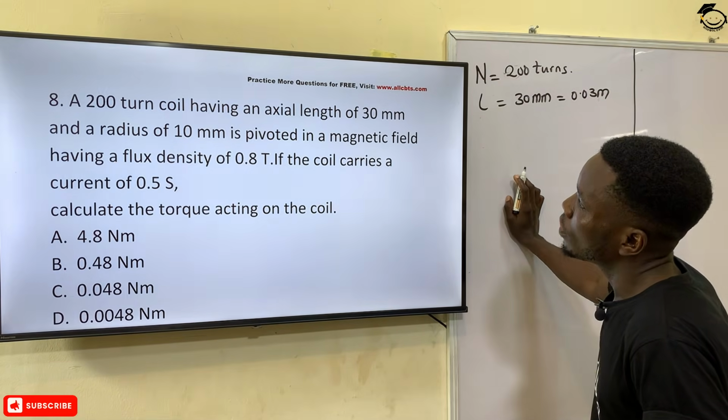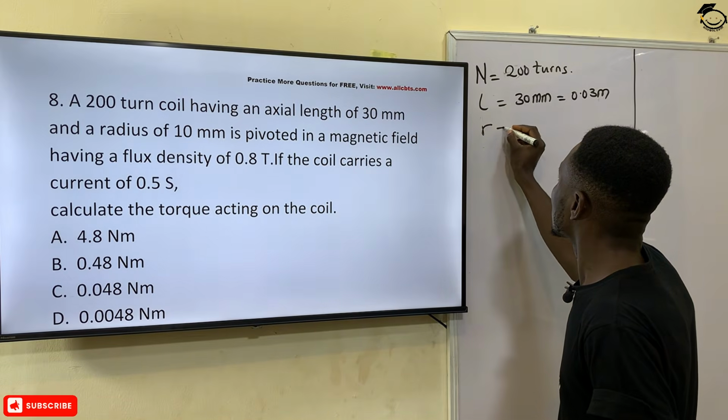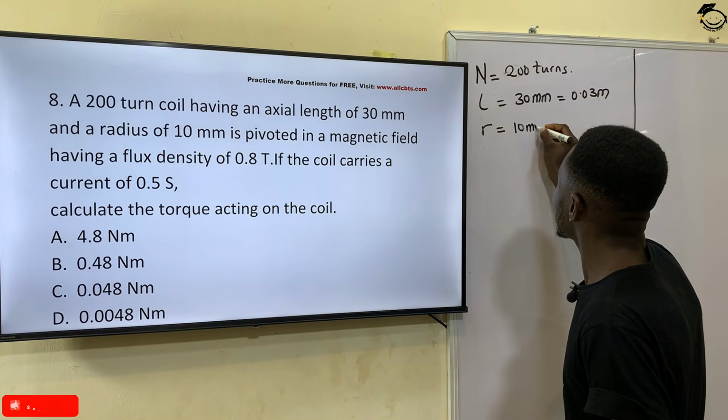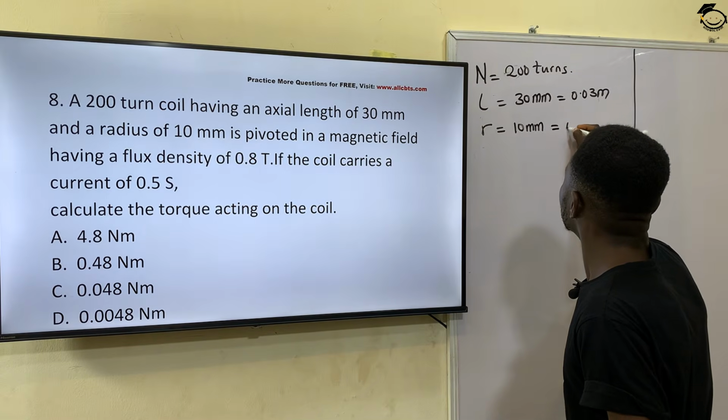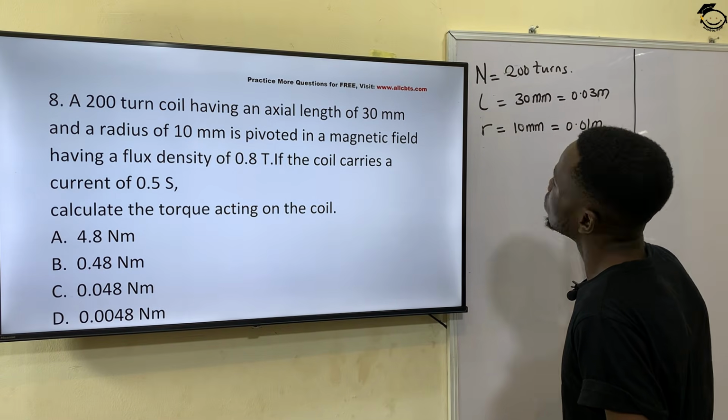And a radius of 10 millimeters. So we have a radius of 10 millimeters, and that will give me 0.01 meters.